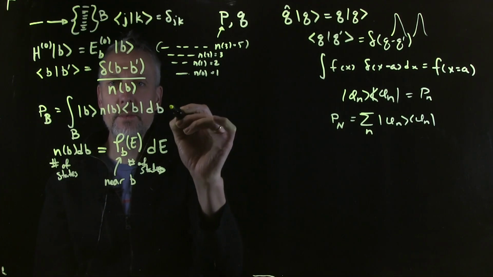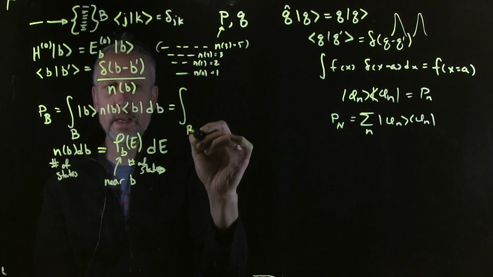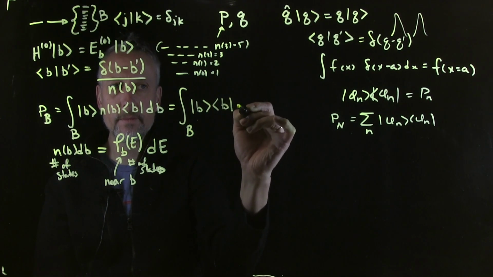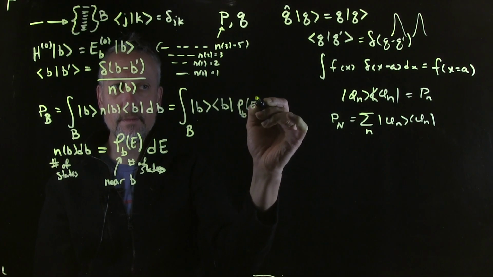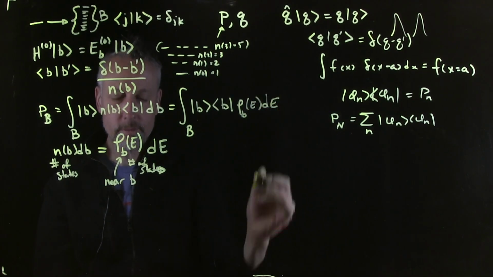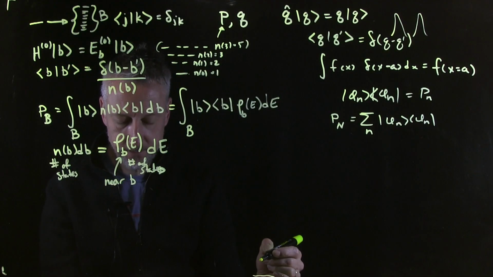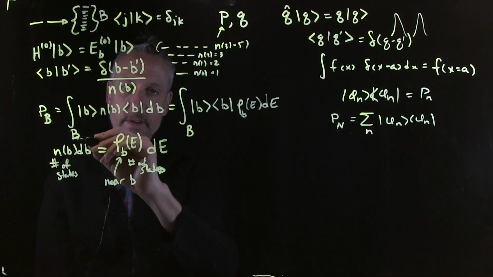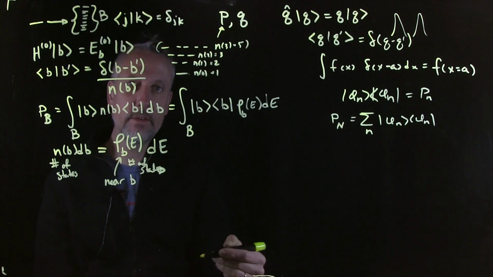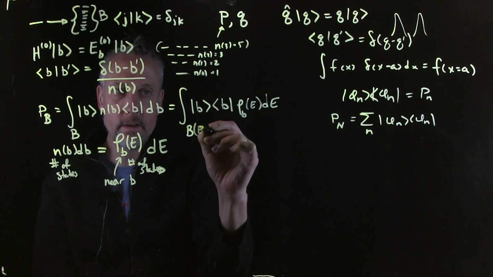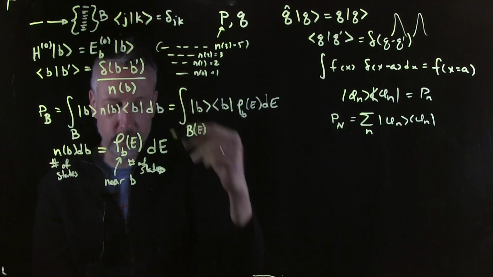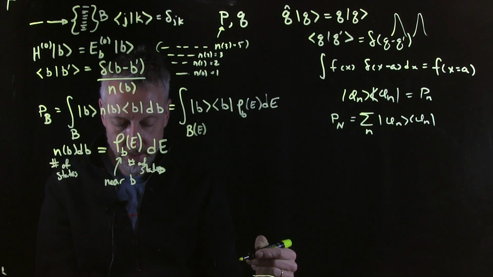Okay, so what we can do then is rewrite this equation like this. And then B, instead of being in the region of index space, is now B in the sense of being in the energy space. But we were kind of writing those things interchangeably up here anyway.